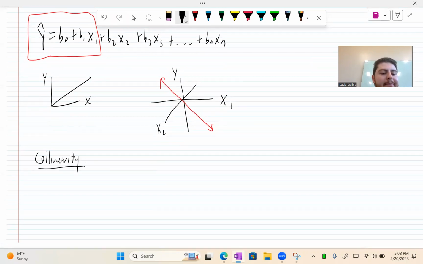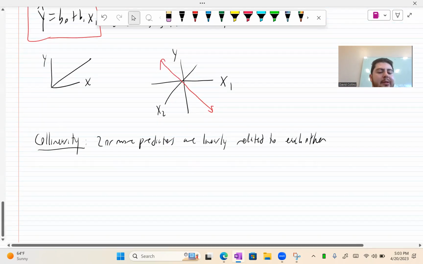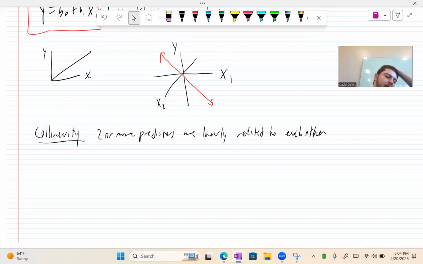This is when 2 or more predictors are linearly related to each other. This is bad, and I'll show you why with an example in a few minutes. It's the words co and linear with an extra L.